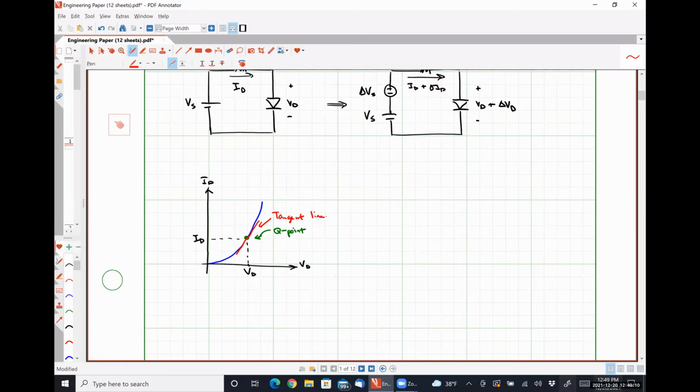And if that change is small enough, it's effectively linear, okay? So even though we have an exponential response overall from a large signal perspective, from a small signal perspective, this guy looks fairly linear. And the slope of our tangent line is 1 over RD.